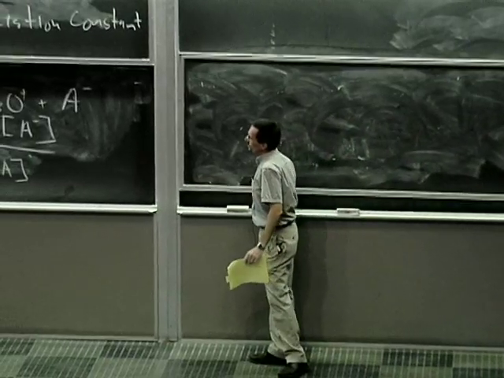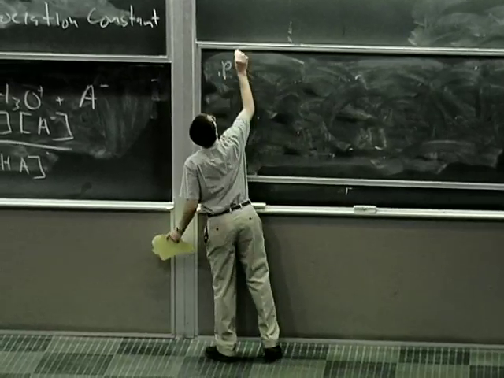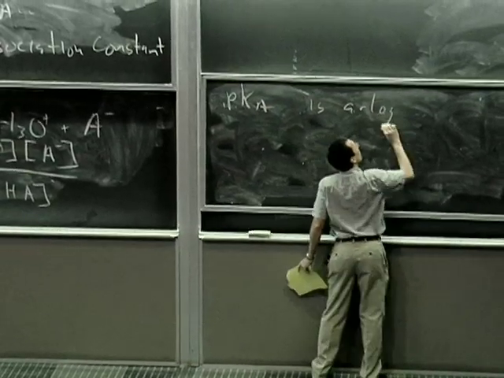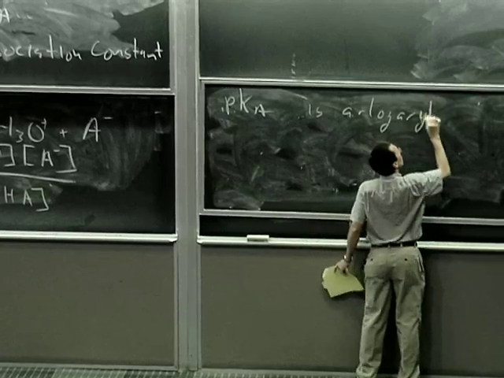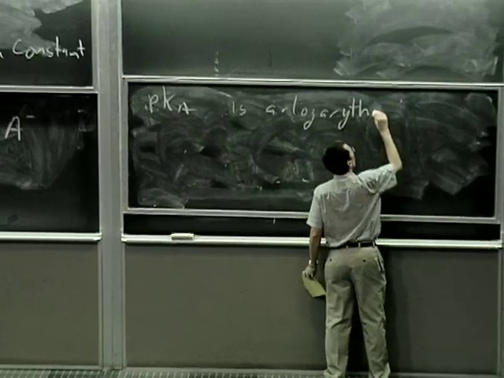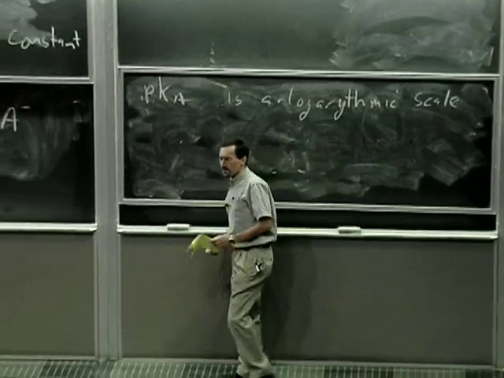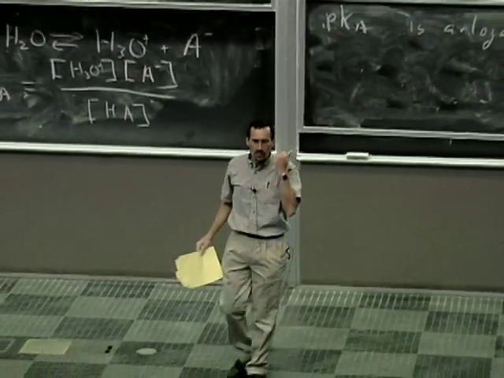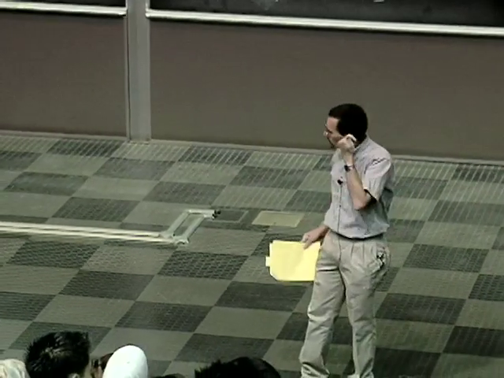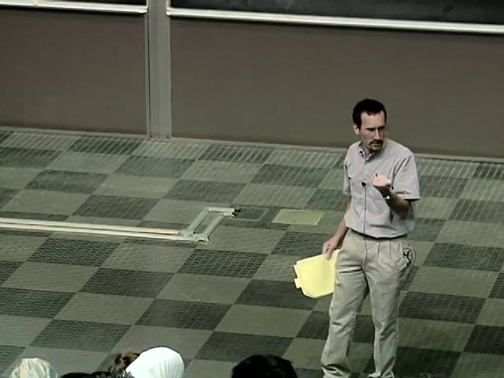So one thing to keep in mind is pKa is a log scale. What does that mean? That means a change of one pKa unit corresponds to a change of tenfold in acid dissociation constant.